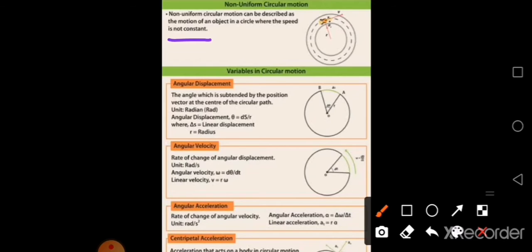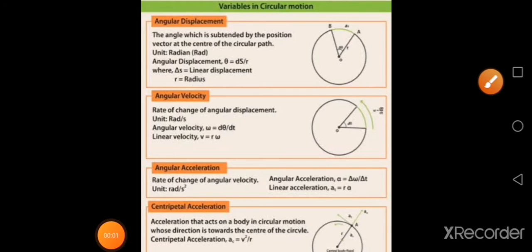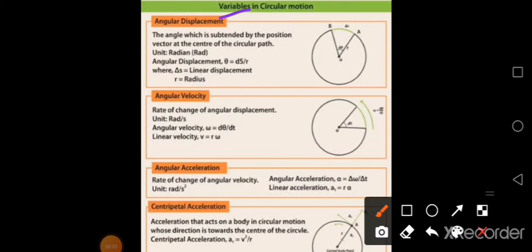Now let us see some variables or terms related to circular motion. The first one is angular displacement. Angular displacement is the angle subtended by the position vector at the center of a circular path. We have already seen the position vector in your chapter on vectors.